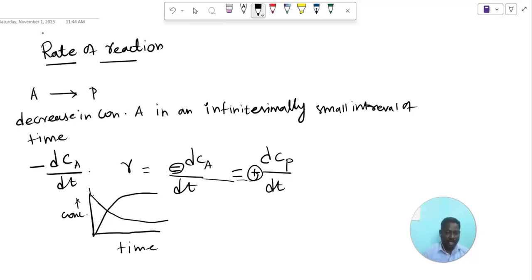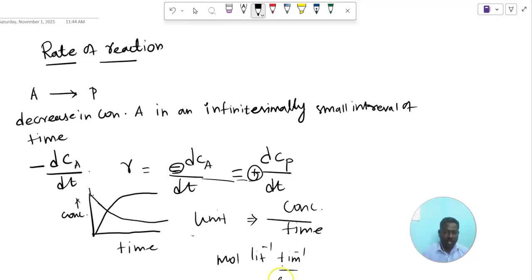The unit of the rate of the reaction can be determined: concentration divided by time. For concentration it is mole per liter and the time is already there. Either you can write time inverse or second inverse. So this is the unit for rate of the reaction.